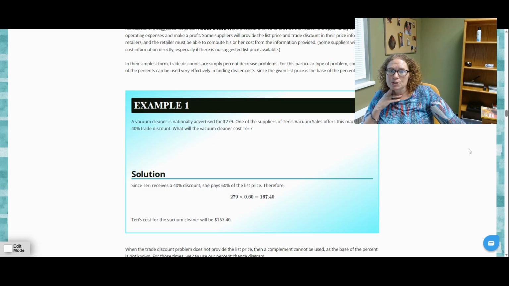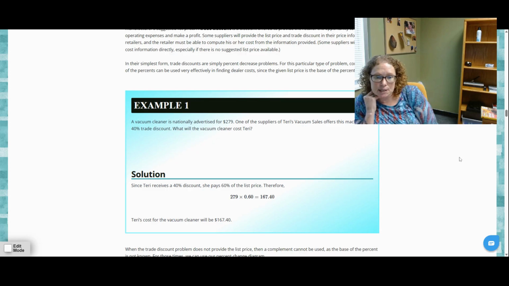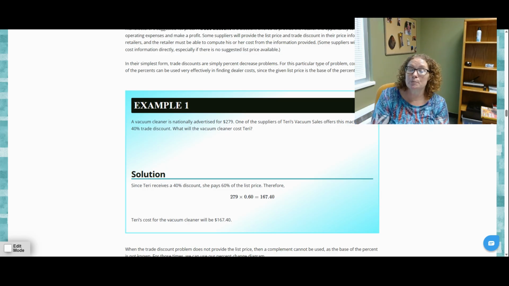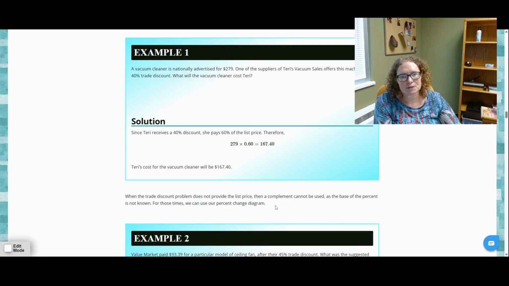Terry is receiving a 40% discount, so she's paying 60% of the list price, which would be $279 times 0.60, which gives us $167.40. So she's paying $167.40 for each vacuum cleaner, hopefully to sell it for $279. And so she's got room in there for her overhead costs and stuff too.